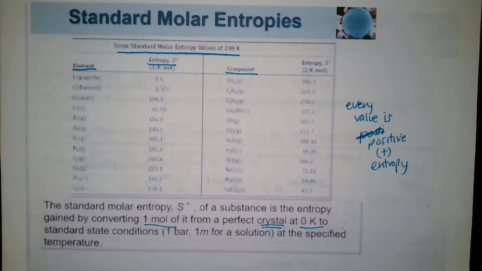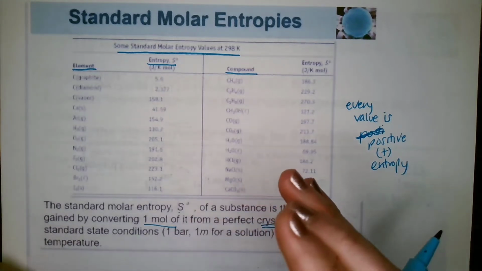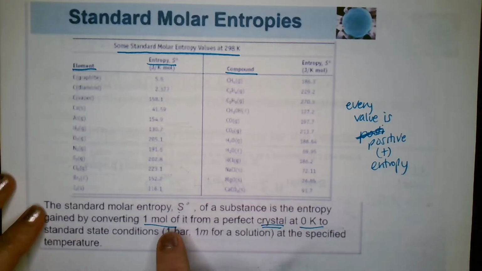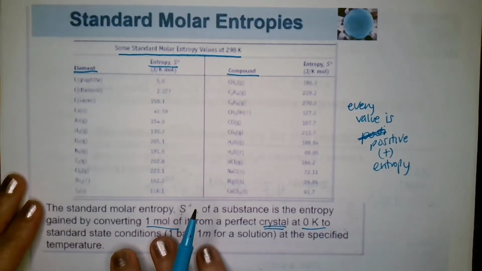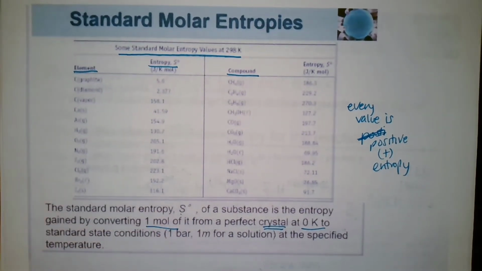And that's because every one of these values, we're going from 0 Kelvin, which is theoretical, which should be zero movement, to raising that temperature where there is chaos and disorder. So every one of these values is going to be a positive entropy value. This critical observation reminds us that the third law of thermodynamics says that every pure crystalline substance has an entropy of 0 joules per Kelvin mole.